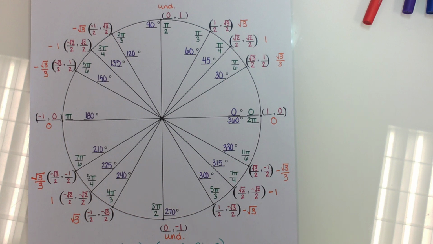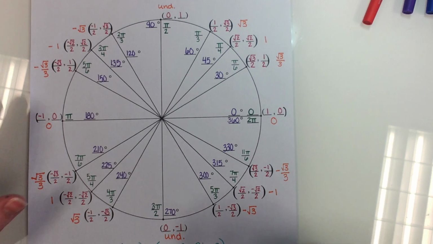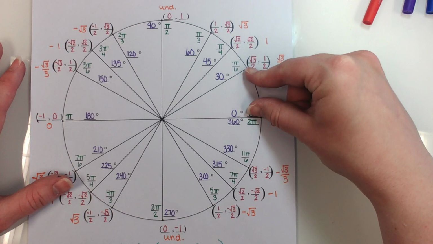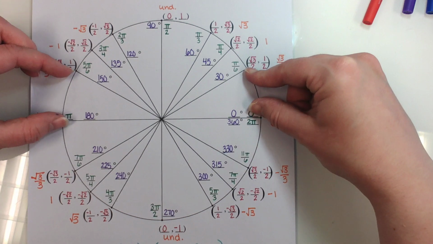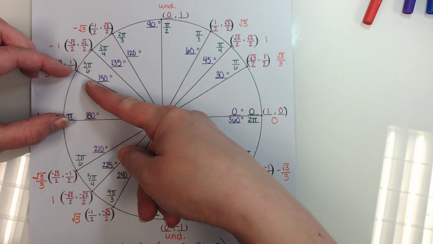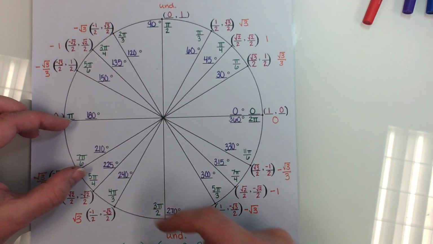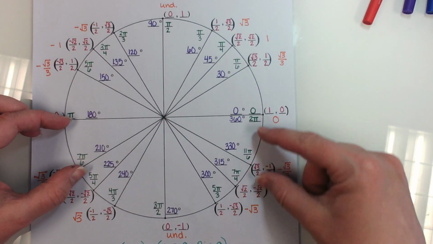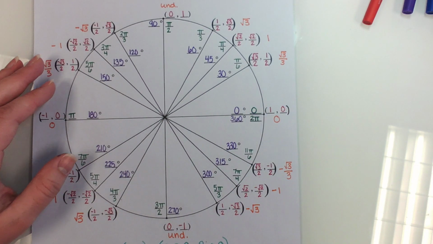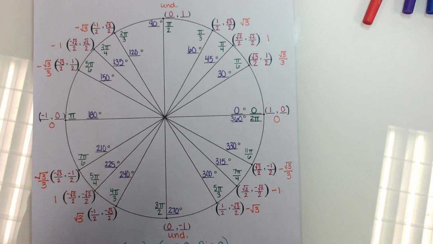In other words, with tangent, avoid anything that has a 30-degree reference angle. Remember the reference angle, the acute angle that it makes with the x-axis? This is a 30-degree angle. Technically, if I was measuring from here to here, that's a 30-degree angle. From here to here, that's a 30-degree angle. From here to here, that's a 30-degree angle. That sound familiar to reference angles from back in chapter 12?